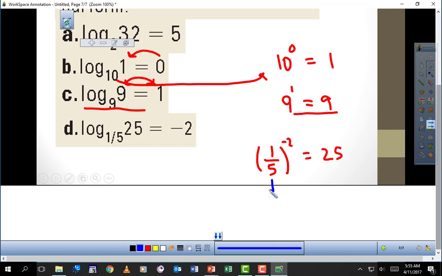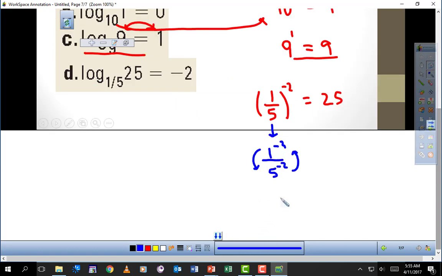So this is equal to 1 to the -2 over 5 to the -2. Well, now because we have a negative exponent, we move this one down to the denominator, move this one up to the numerator, and so we end up with 5 squared over 1 squared. Well, that's equal to 25 over 1, which is equal to 25.